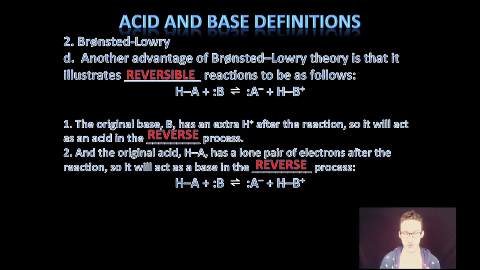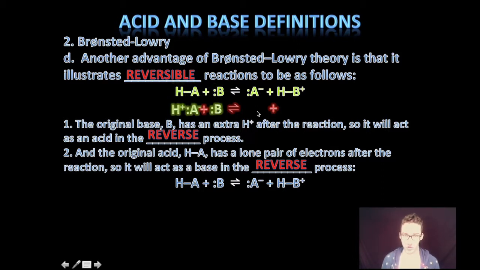A second and really important thing that we're going to talk about is that Bronsted-Lowry allows us to set up or illustrate reversible reactions. Equilibrium! As you take a look at the original forward reaction there, we've got our acid molecule, which has that hydrogen ion in it, and our base molecule.